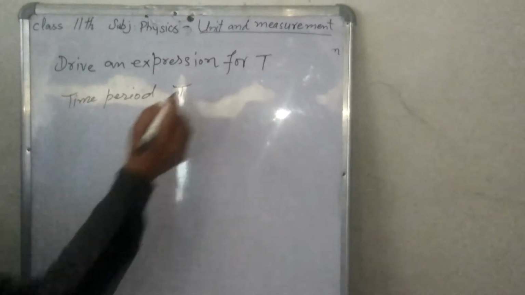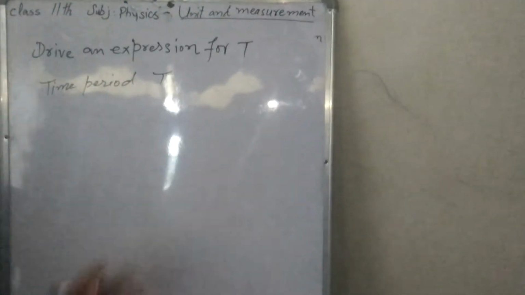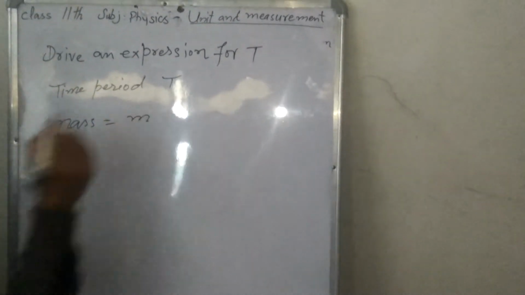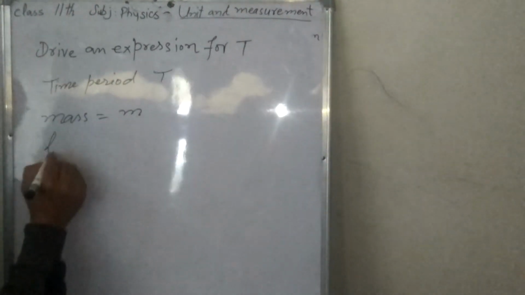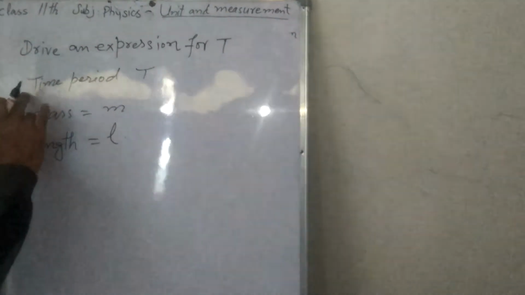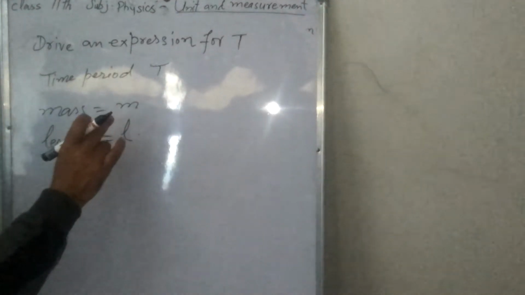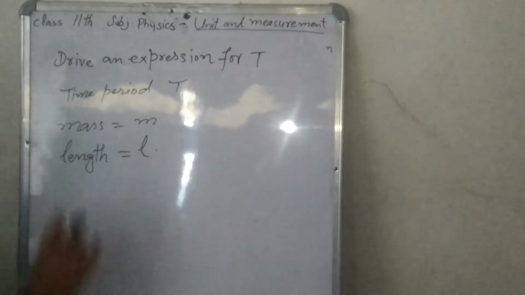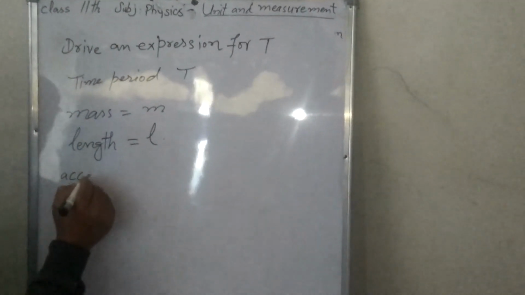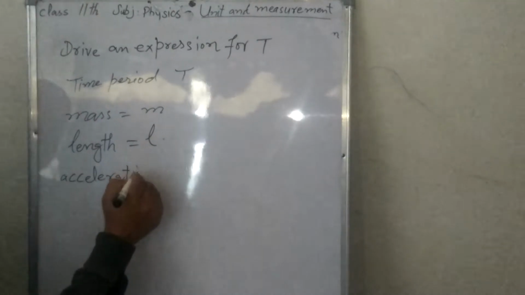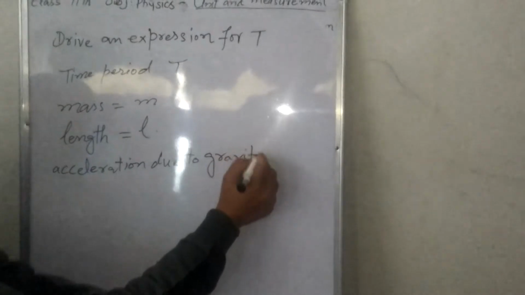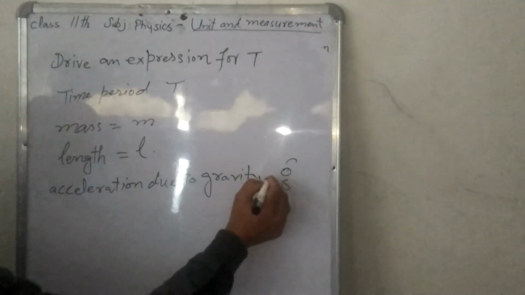Time period we represent as T. A simple pendulum may depend upon the mass of the bob, mass m, and the length of the string, length L. Of these, the time period depends on two factors, mass and length, and another factor, that is acceleration due to gravity, which we represent by small g.